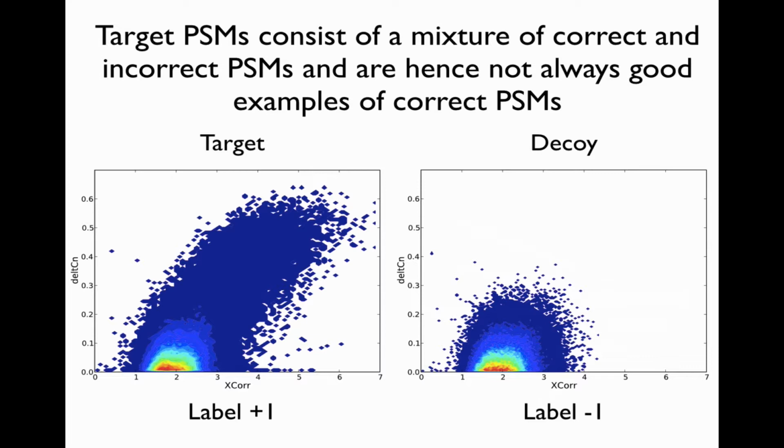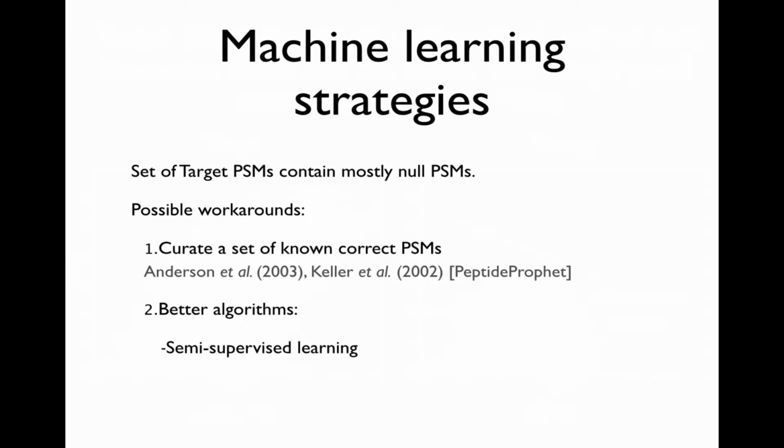So the question is how to use this kind of data as training data. Well, the first naive approach we took was to just use this as a plus and minus set, or a positive and negative training set. However, we found a couple of better workarounds.